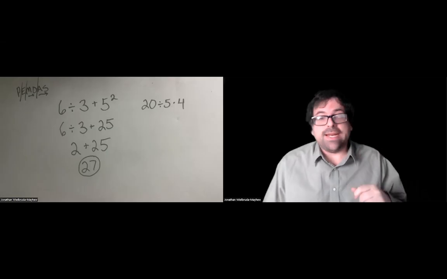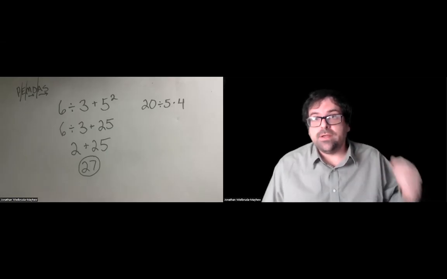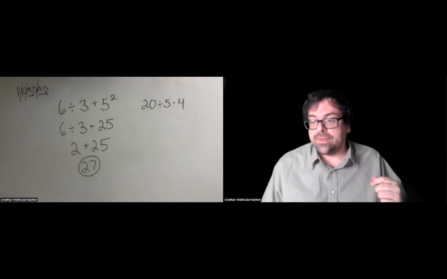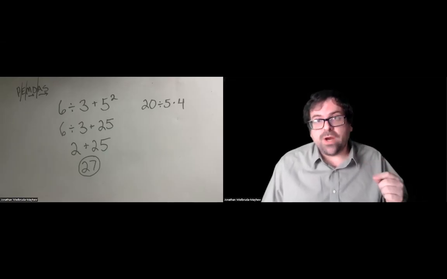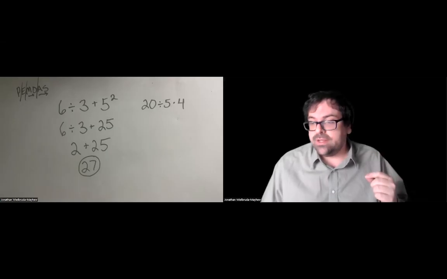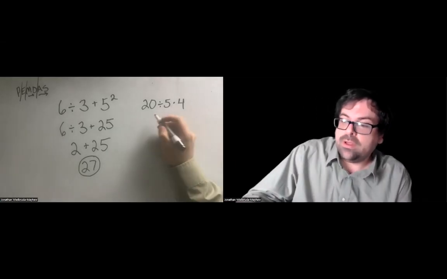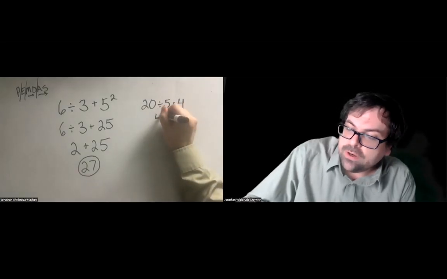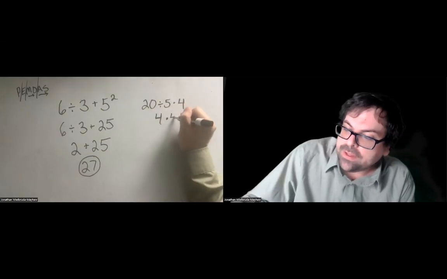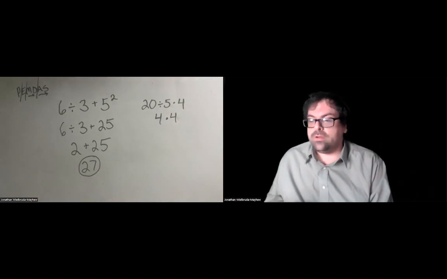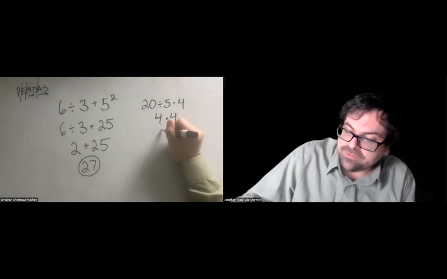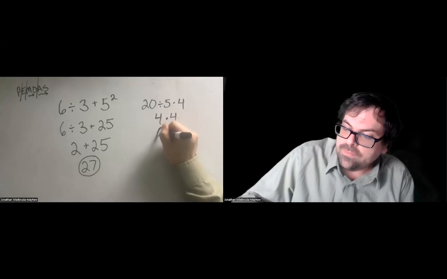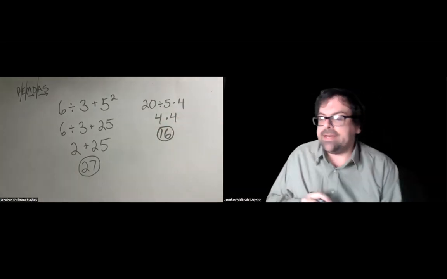We're on that step already because there's no parentheses, there's no exponents. It's super important that that left to right, as you come to it, is how you do the problem. First, we have this division. 20 divided by 5 is 4. Leave the rest alone. Now we have 4 times 4. The correct answer is 16.